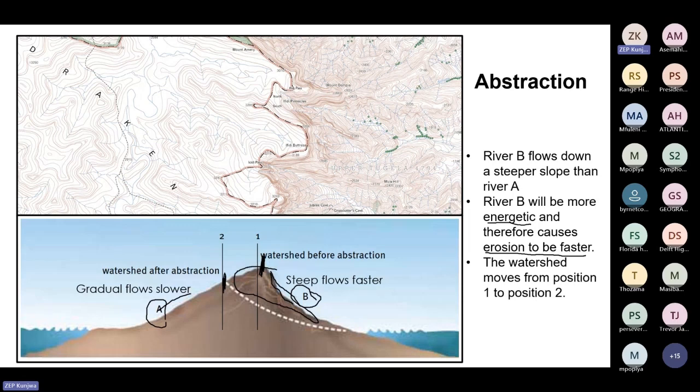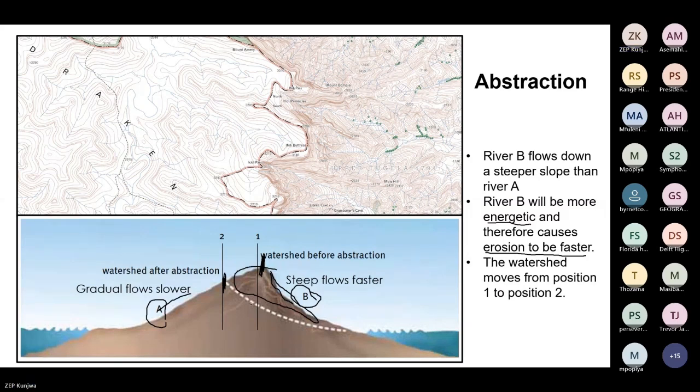So the watershed was on position 1, but now the watershed is on position 2. This is the process of abstraction. Now, this process of abstraction is the one that actually encourages the river capture, because remember, this doesn't happen over a year. This takes thousands of years before it can happen.